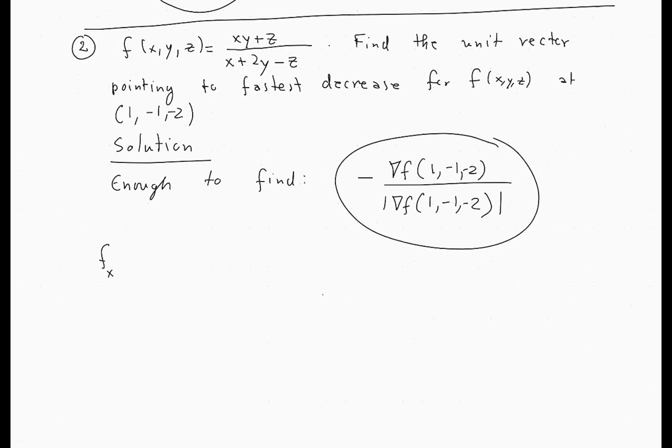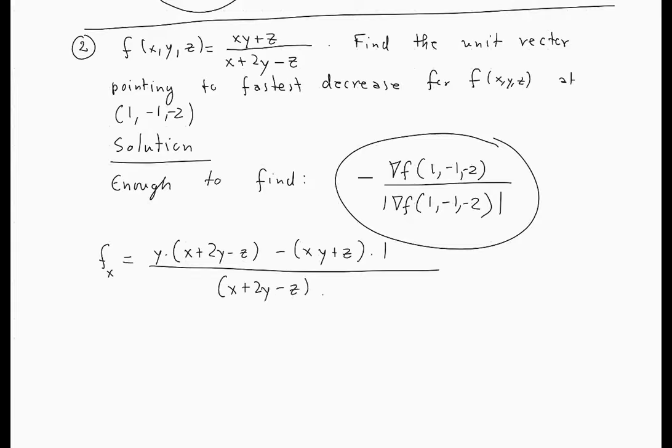And that will give you the derivative of the numerator with respect to x, which is y, times the denominator, minus the numerator times the derivative of the denominator, which is 1, divided by x plus 2y minus z, all squared, which means that f sub x at (1, -1, -2) will be how much?